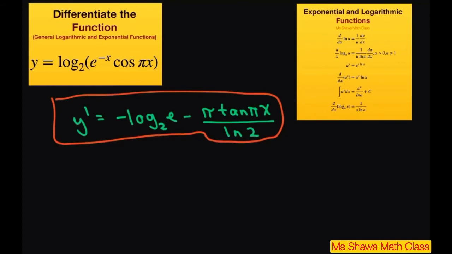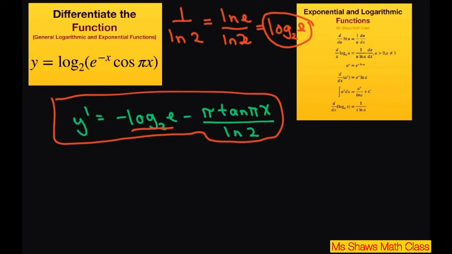But we can note that 1 divided by ln of 2 equals ln of e divided by ln of 2, because ln of e is 1. And this can be simplified to log base 2 of e, which is what we have here.